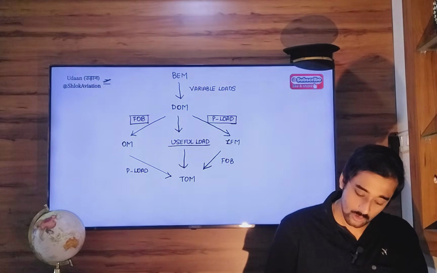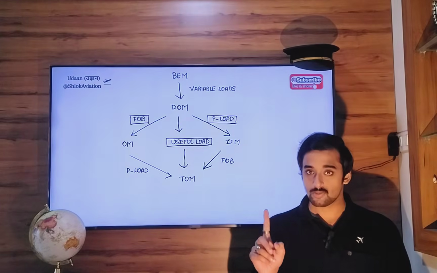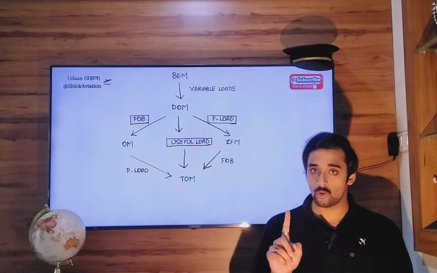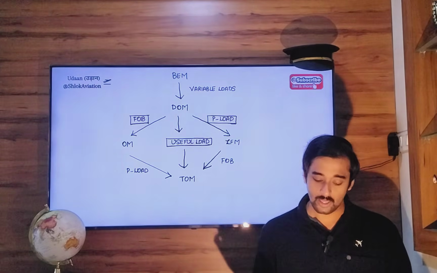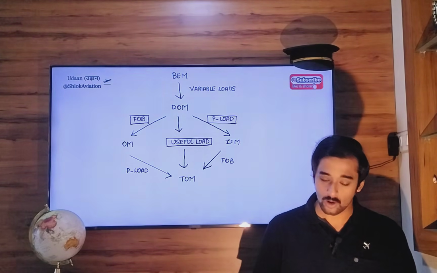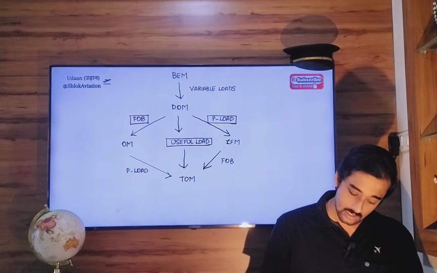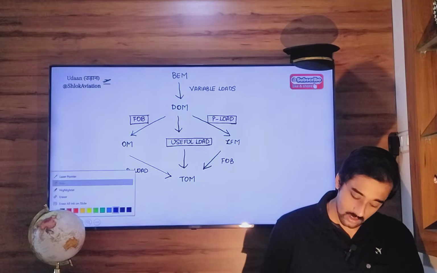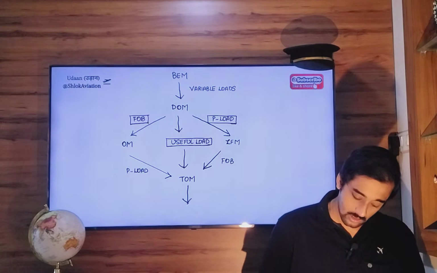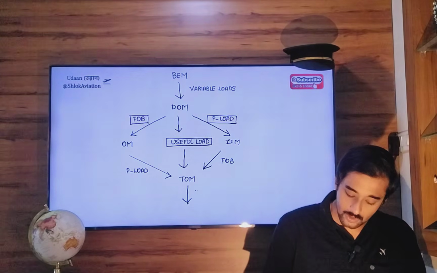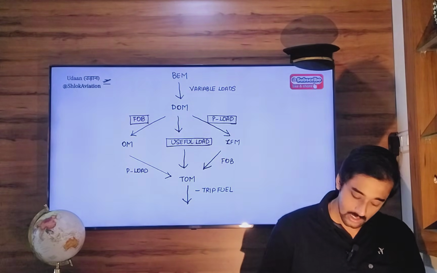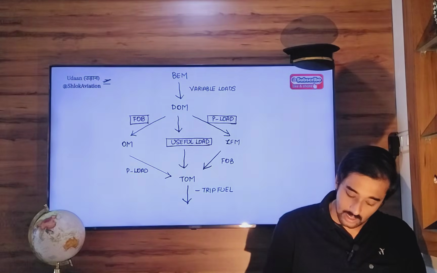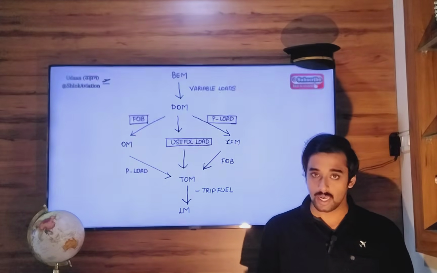Okay, fuel on board plus payload is equal to your useful load. Now DOM plus useful load will give you takeoff mass. Next, when you subtract trip fuel from takeoff mass, you get landing mass.